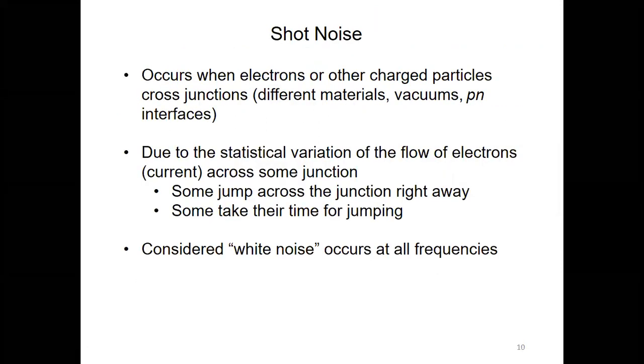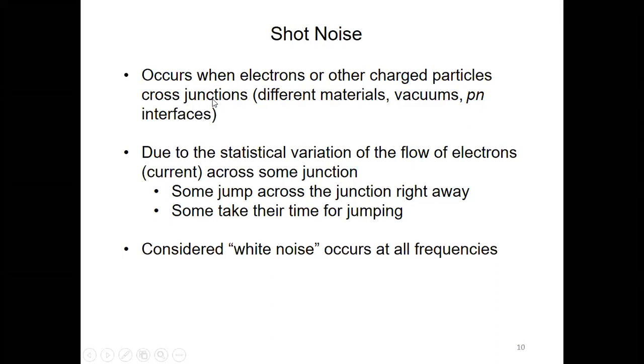And the next one is the shot noise. Shot noise occurs when electrons or other charged particles cross junctions. The thermal noise arises because of thermal agitation, and the shot noise arises because of the crossing of these electrons or other charged particles through a junction.